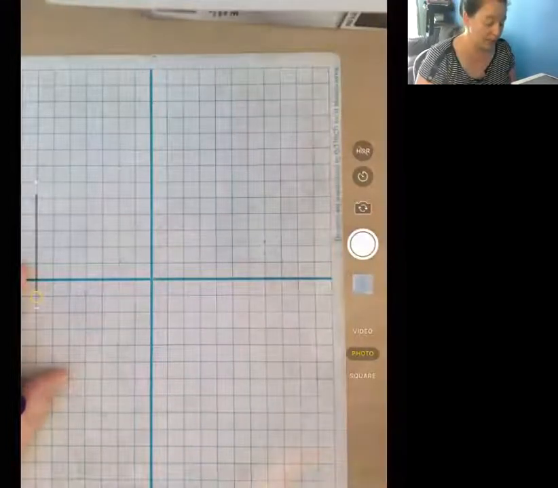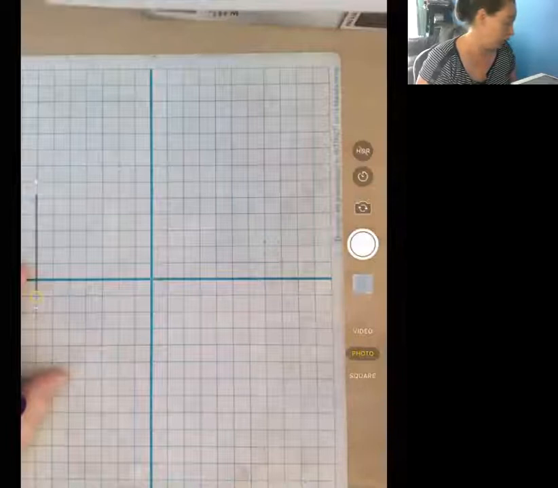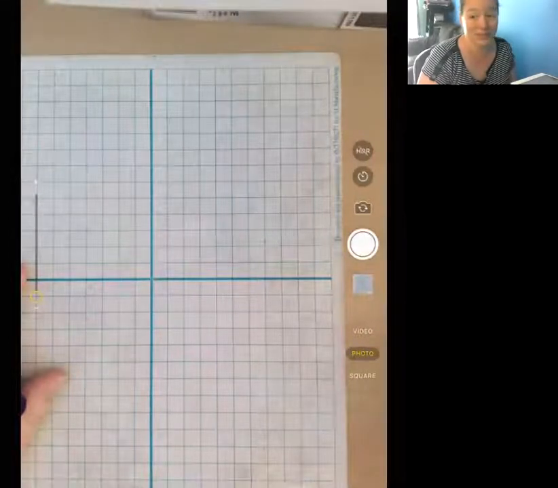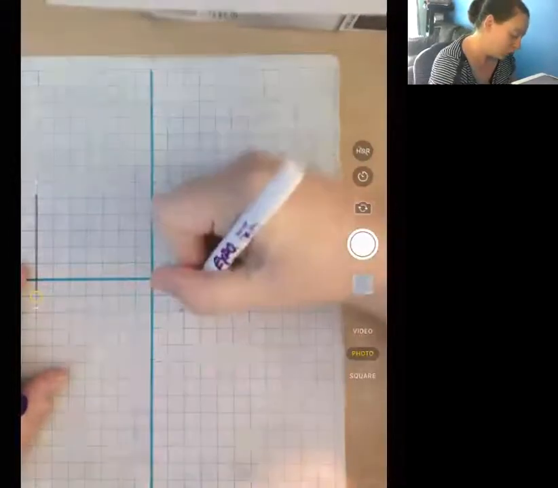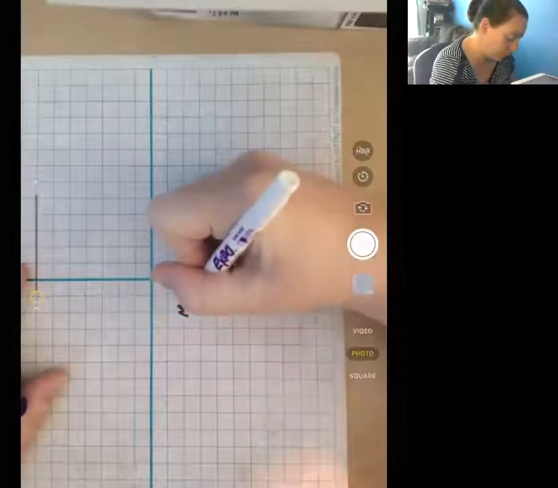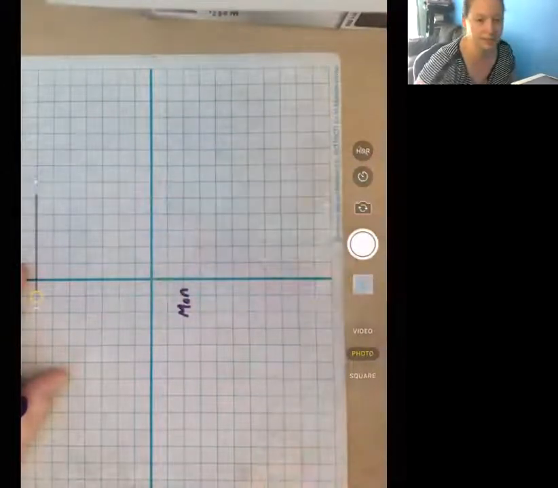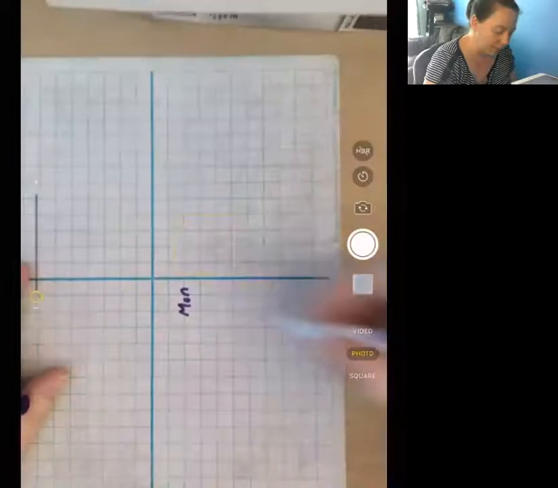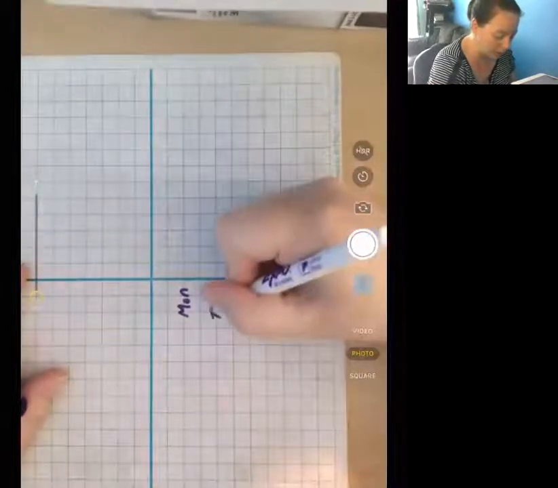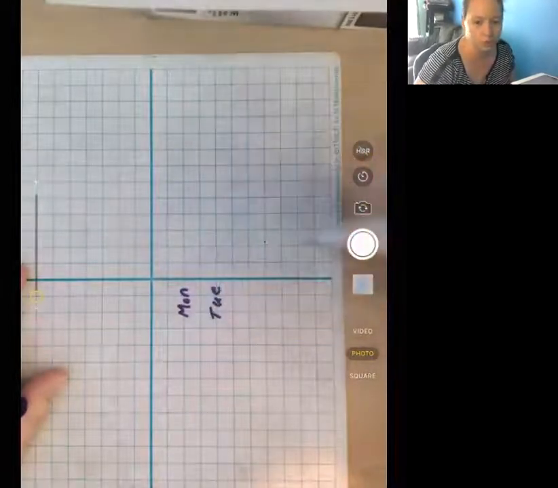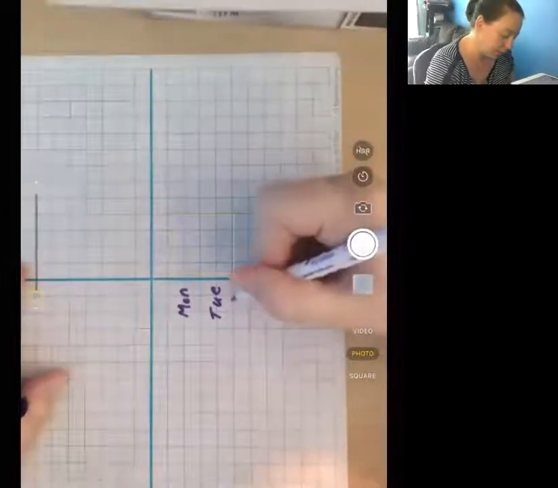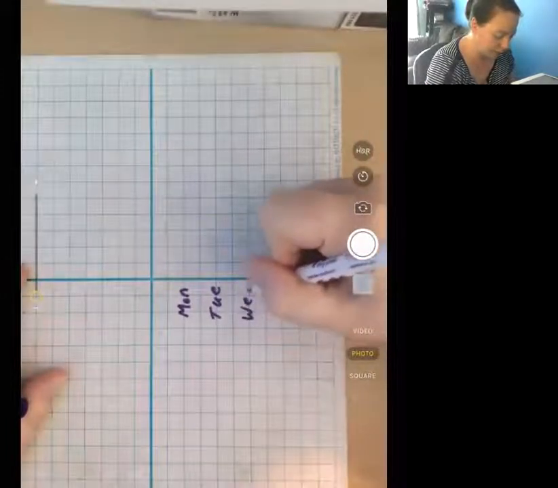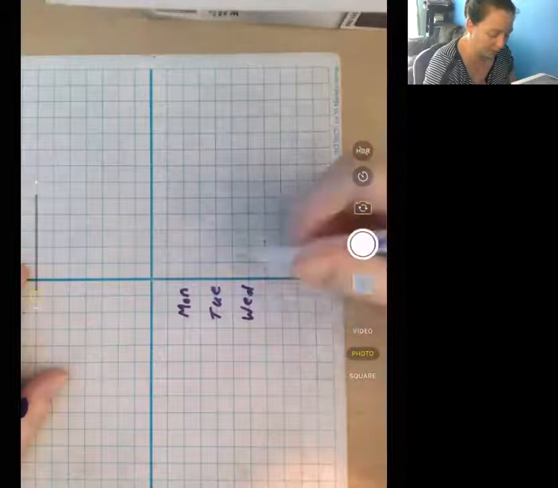So the way that I'm gonna label this is I'm gonna go over 2 and put Monday on it. And then I'm gonna skip a line, go over another line, and do Tuesday, skip a line, go over another line, and do Wednesday, skip a line.